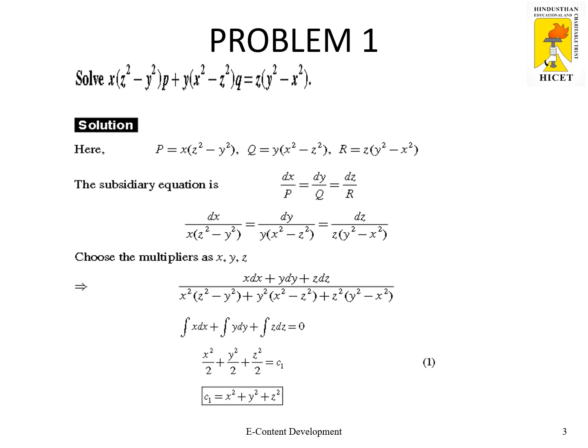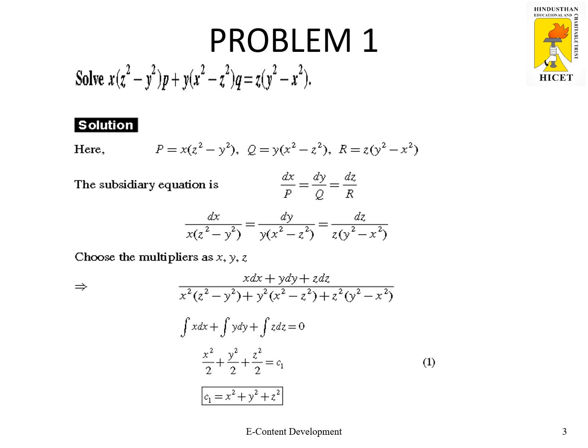So, what is our capital P? The coefficient of small letter p. So, capital P will be x into z square minus y square. Capital Q is y into x square minus z square. And R is z into y square minus x square.